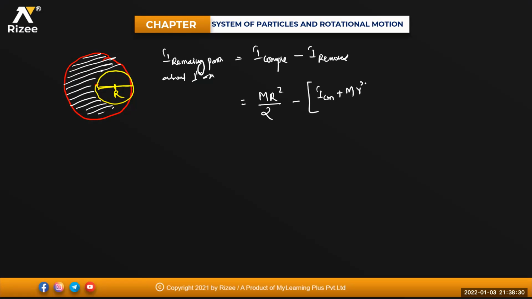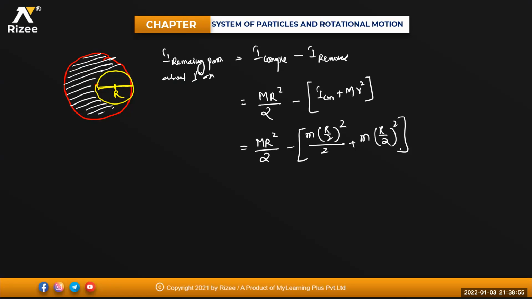Like say for example, it is your r square. That means this will become for me M into R square divided by 2 minus, what is the moment of inertia of the disk which has been removed? The mass of that one is small m, radius of that one is R by 2, so m into (R by 2) whole square divided by 2, plus m into (R by 2) whole square.